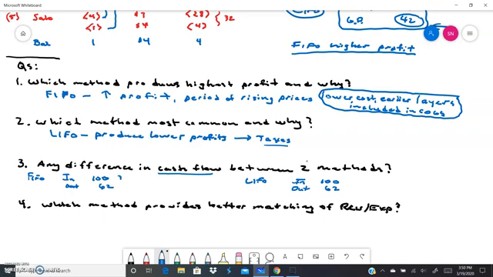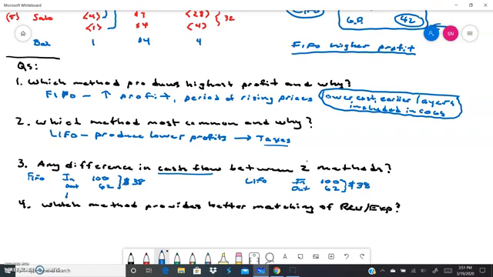So there's a net cash inflow under FIFO of $38, and a net cash inflow under LIFO of $38. So FIFO and LIFO, the net cash effect of all these inventory transactions, purchases and sales, is a net $38.